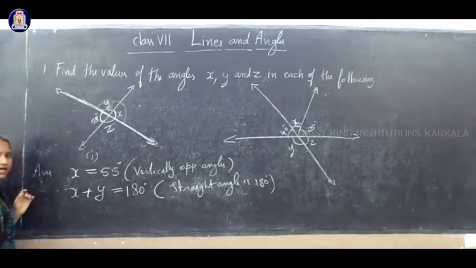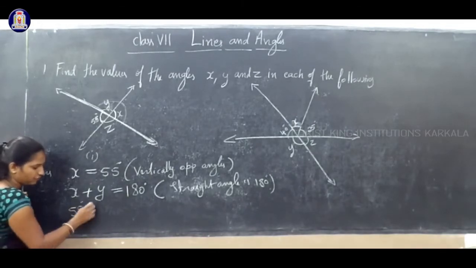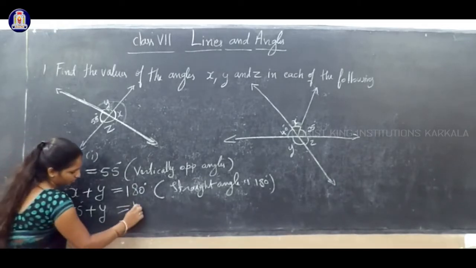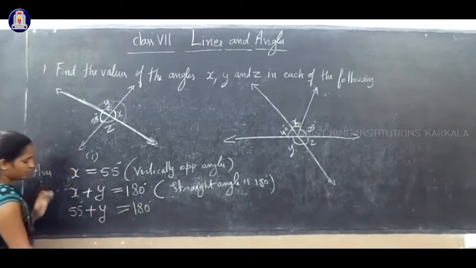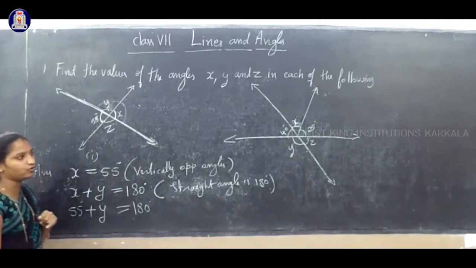So what is x? X is 55 degrees. So 55 degrees plus y is equal to 180. Now how to find y?